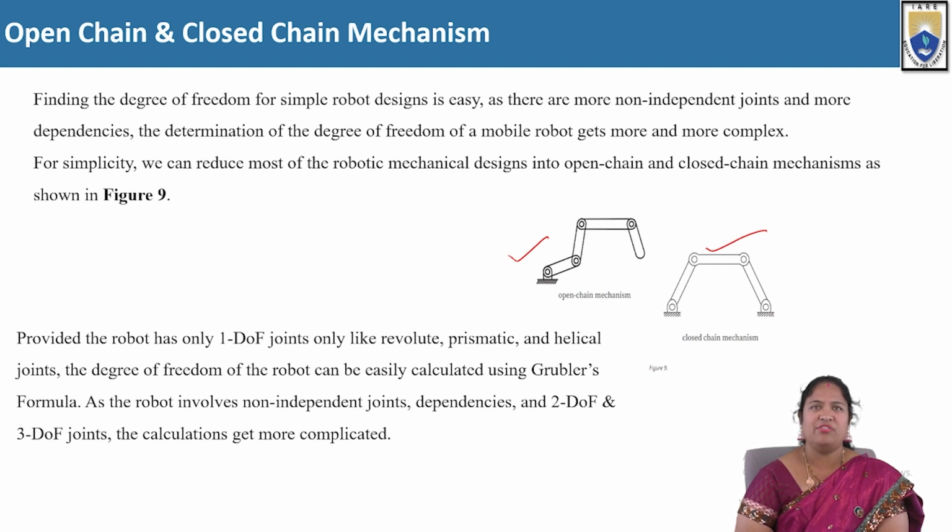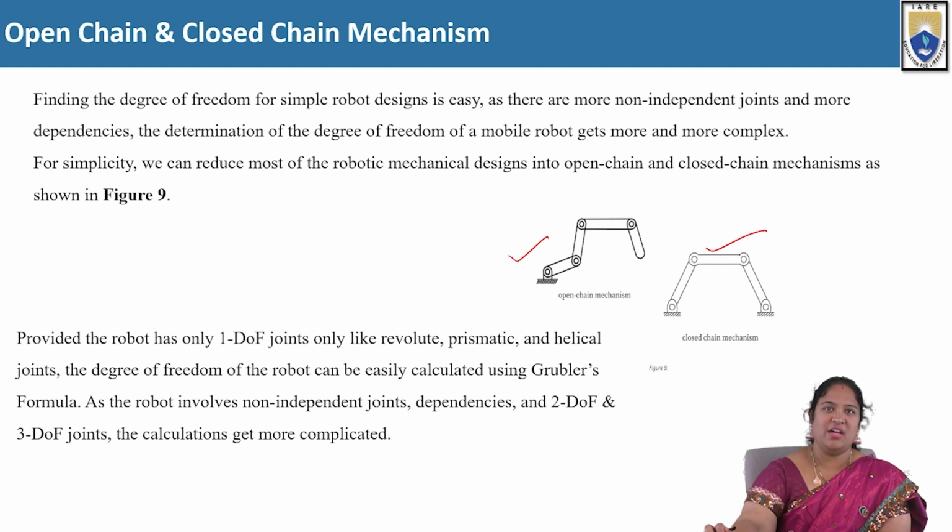Finding the degree of freedom for any simply constructed robot is generally easy, right? There will not be many dependent joints for that particular type of robot.